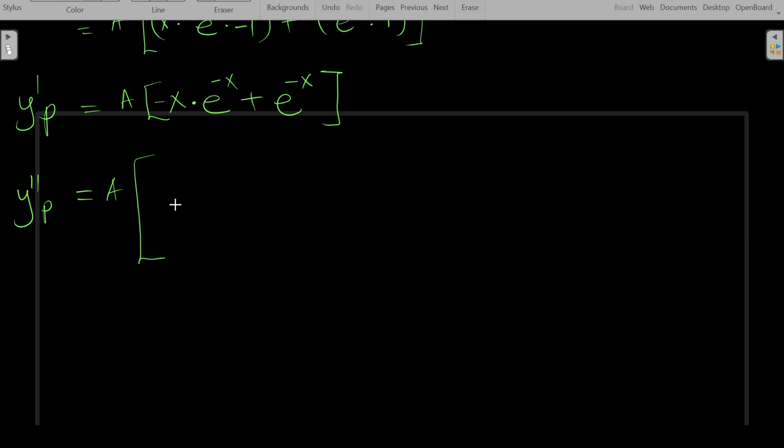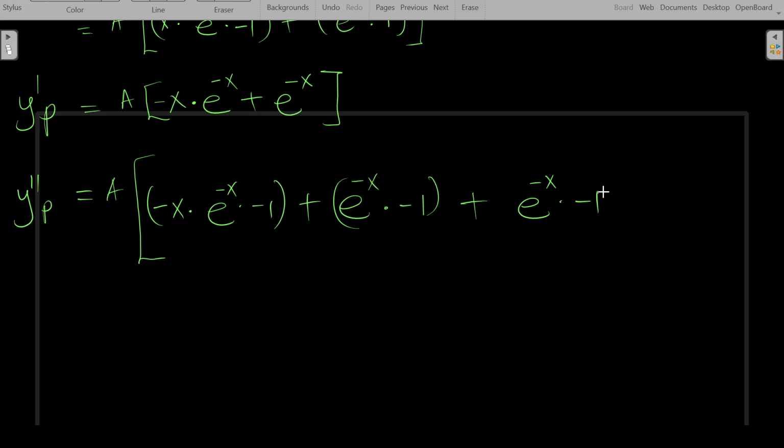So I'll put negative x as my constant term, then differentiate e raised to negative x, which gives e raised to negative x multiplied by negative 1. Then I'll add that to, keeping e raised to negative x as a constant term while differentiating negative x, I should get negative 1. Now I'll add that to the differential of the last term, which is e raised to negative x multiplied by negative 1.